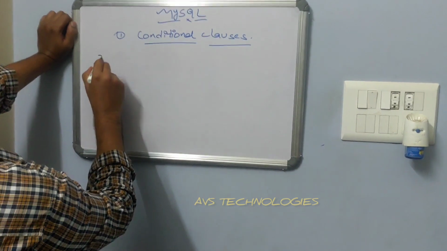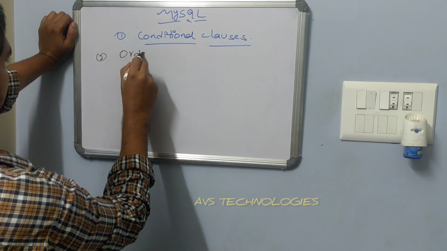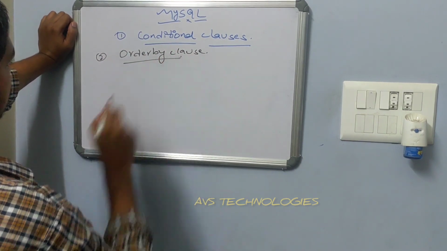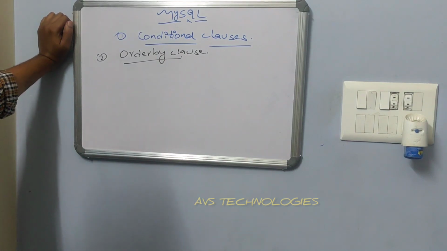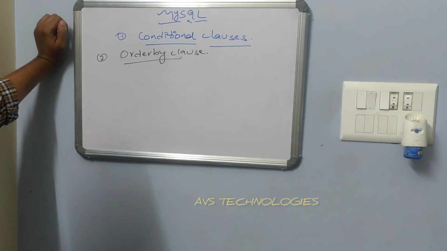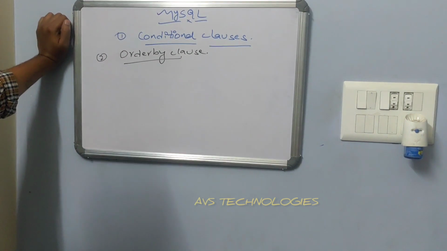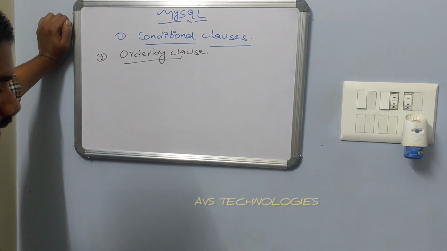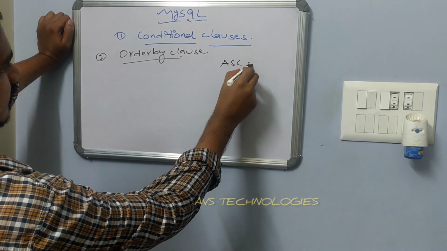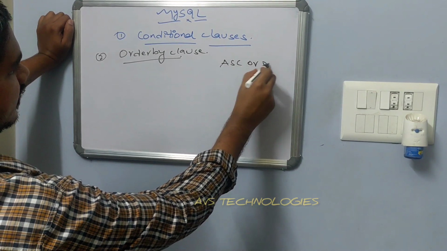Order by clause. Next one, the order by clause. The order by clause considers the table or statement, and we can sort the table by ascending order or descending order.